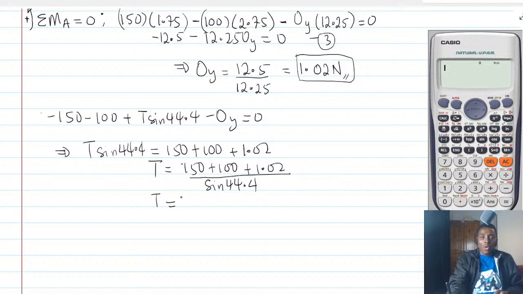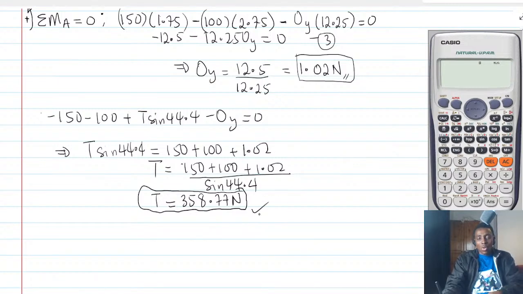So the tension force is actually 358.77 newtons. That is the tension force right there.